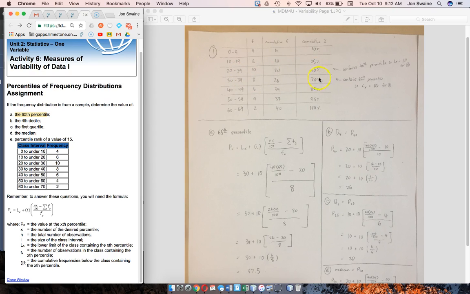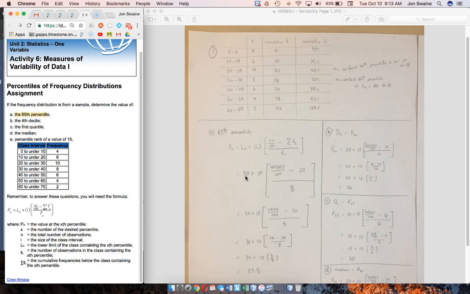Don't forget, 50 means 50 and below, and this means 70 and below. So this class is basically 70 to 51, or just above 50. So 65 is going to be in this class right here, 30 to 39. The lower limit of this class is 30. So that's where I got my 30 from.